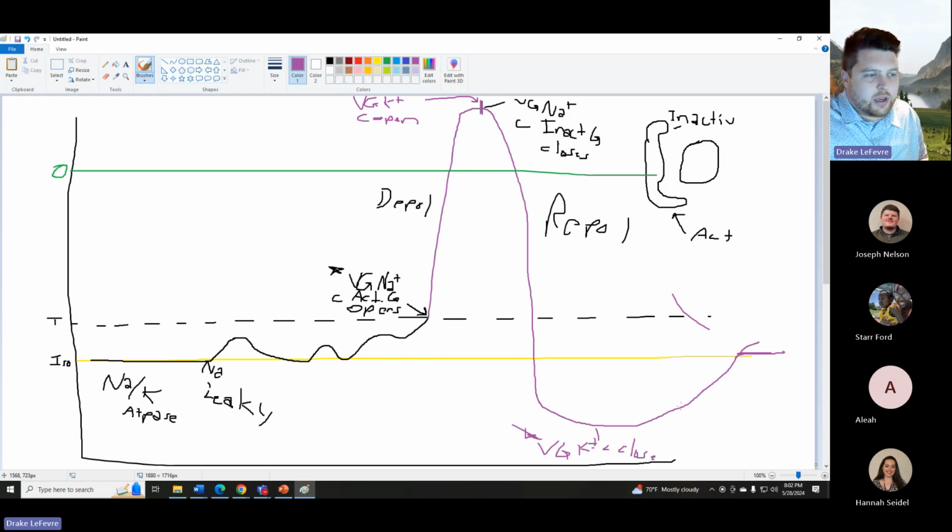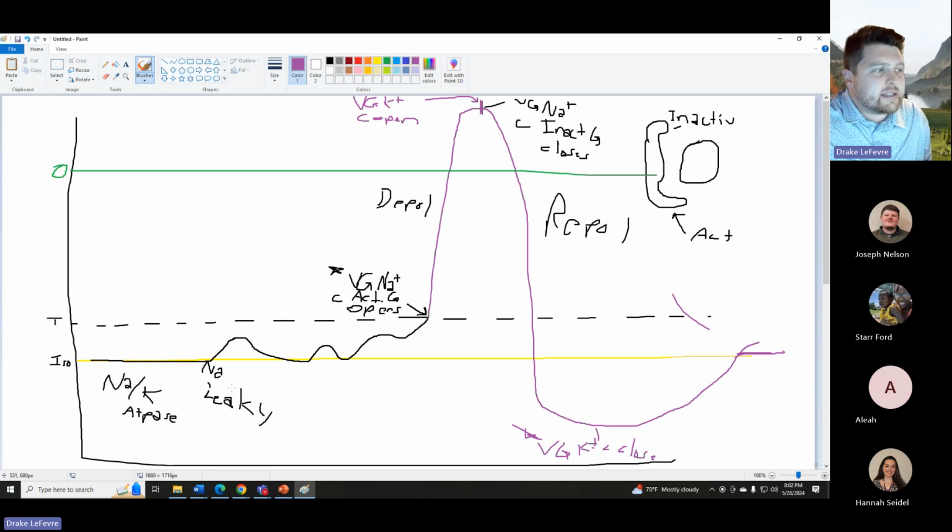And then finally we get brought back up to resting membrane potential. What helps us get up to resting membrane potential and stay there? Sodium potassium pump. Yes, our sodium potassium ATPase, the sodium potassium pump.